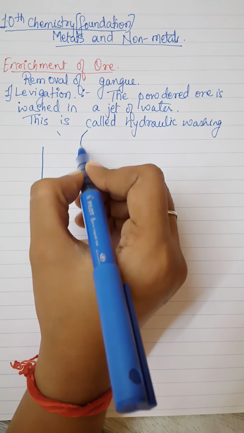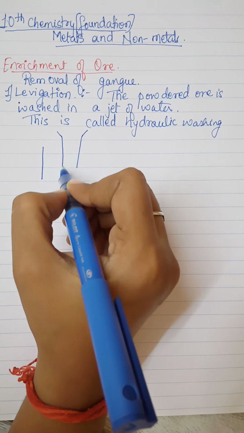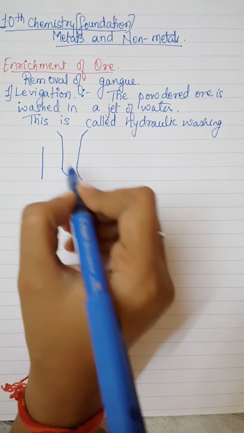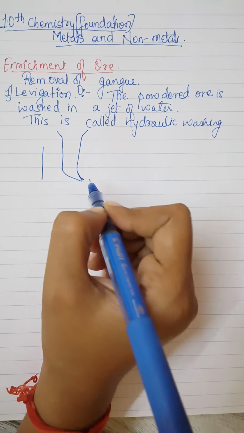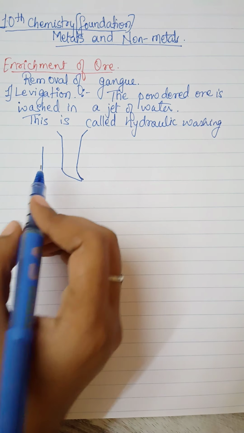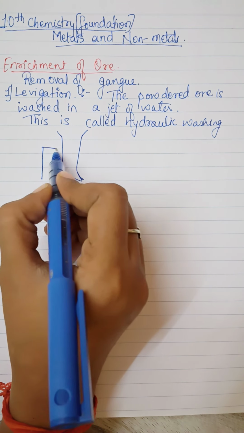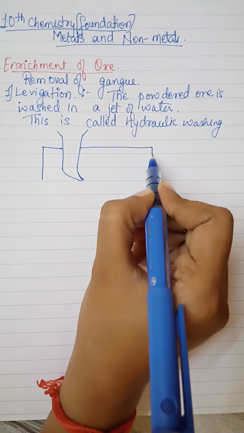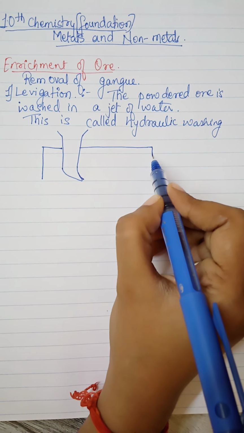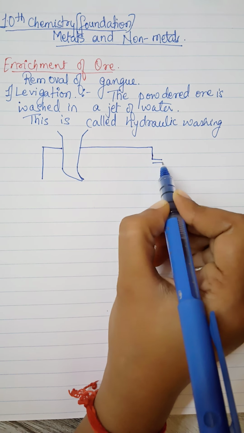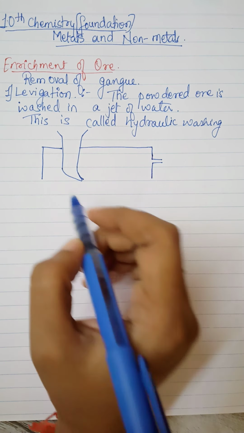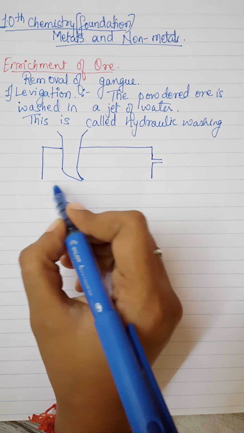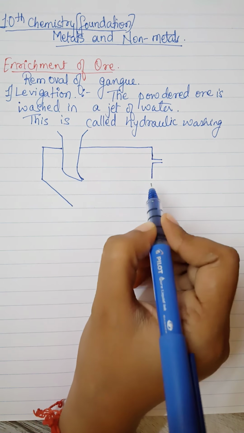So here I am drawing one of the instruments of levigation, okay. Here with a fine hole we pour the ore inside this instrument, okay. And like this the instrument will be fine. Okay, so this is the settling of the ore, where the ore settles.